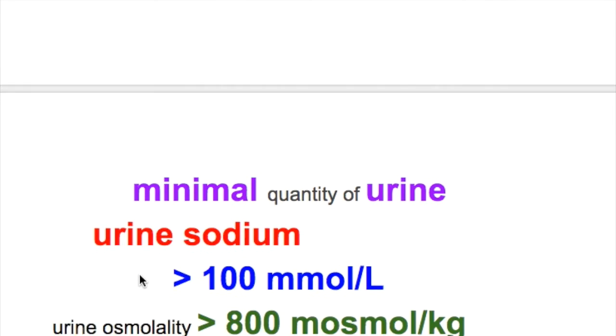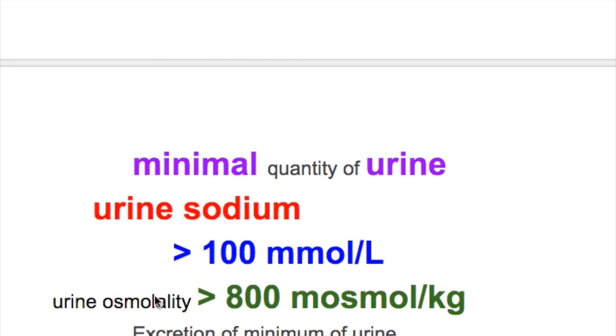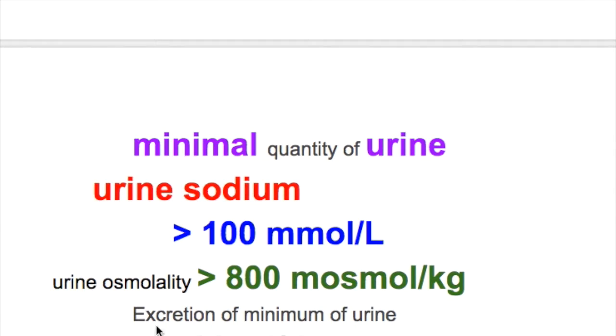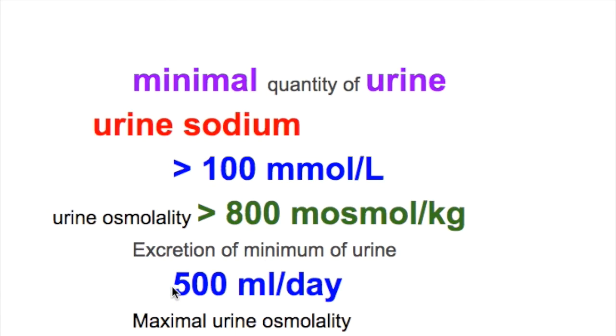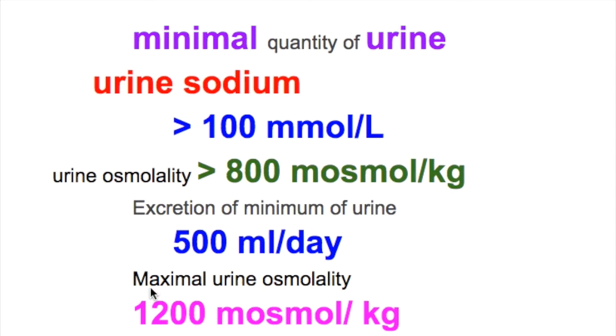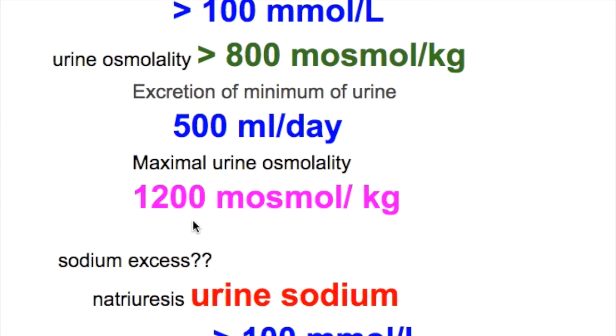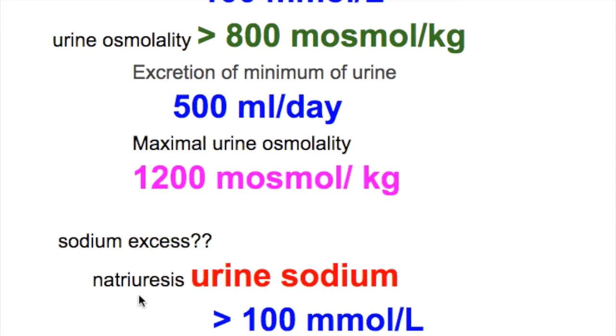The urine sodium is more than 100 millimoles per liter and urine osmolality is more than 100 milliosmoles per kg, and it is done by a minimum excretion of 500 ml a day. Maximal urine osmolality can reach up to 1200 milliosmoles per kg.